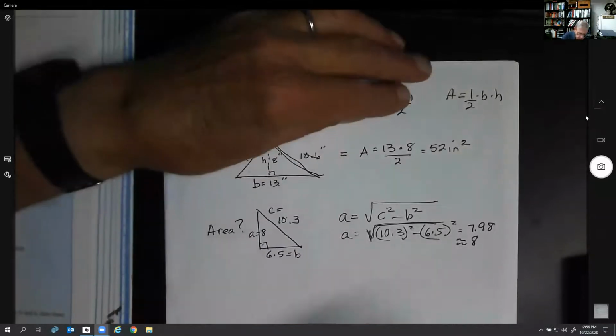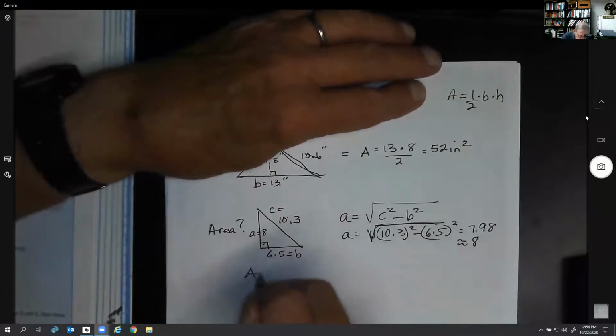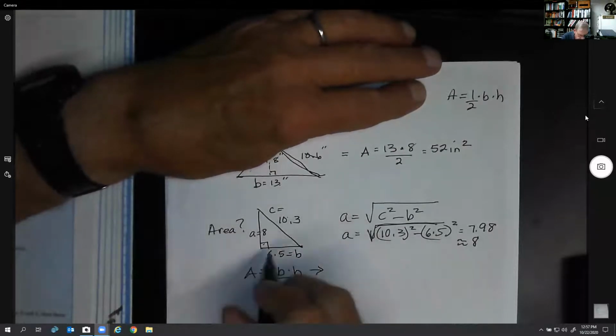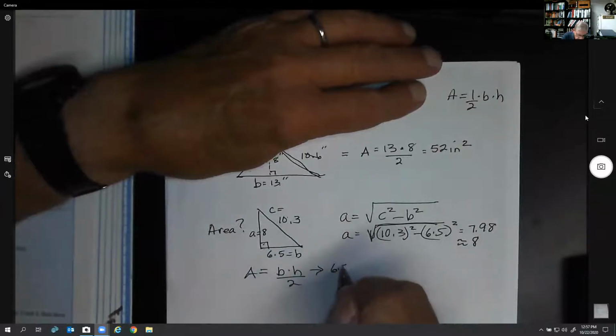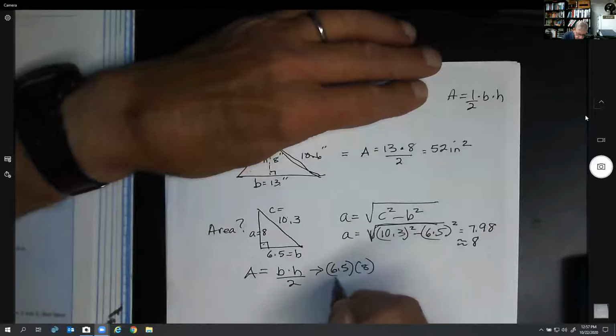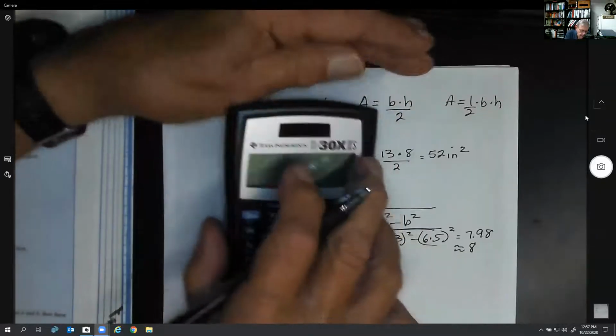Now let's try to find the area of the triangle. So we're going to use a capital A. The area is the base times the height divided by 2. That's going to give us the base, 6.5. And now we know the height, 8, and we divide by 2. And we can find that out real fast.